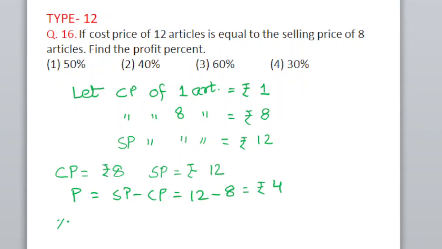Now percentage profit is equal to profit divided by CP, here CP is rupees 8, into 100. So 4 2s are 8, it will be 50. So that is equal to 50%. That means your option 1 is the right answer.